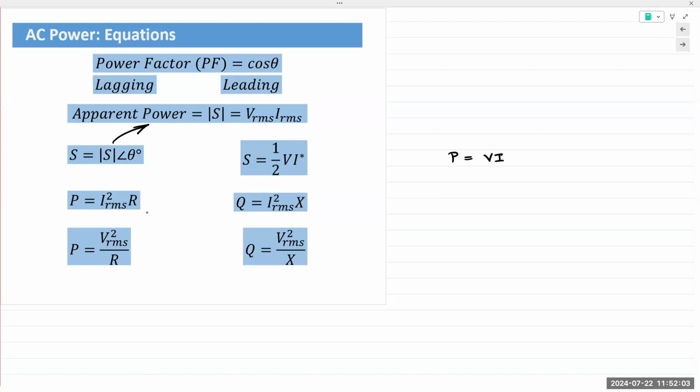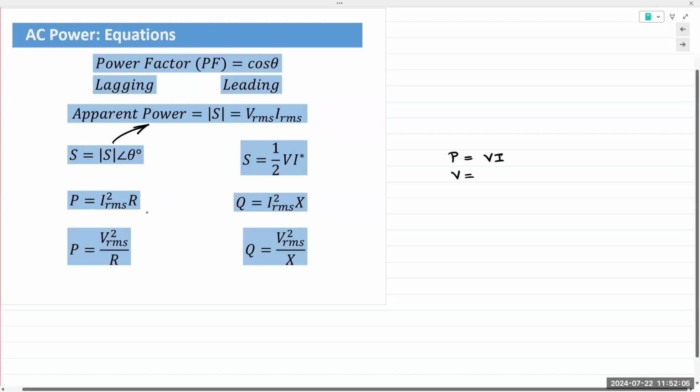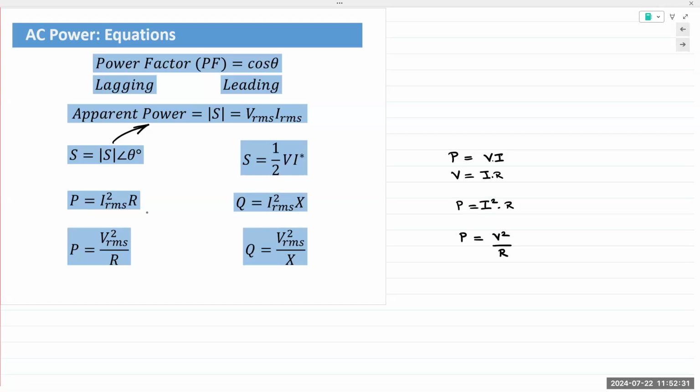In terms of the resistors, V equals I R, Ohm's law. So we can write P equals I squared times R, or P equals V squared over R. Everyone remember these equations, right? I squared times R, V squared over R.